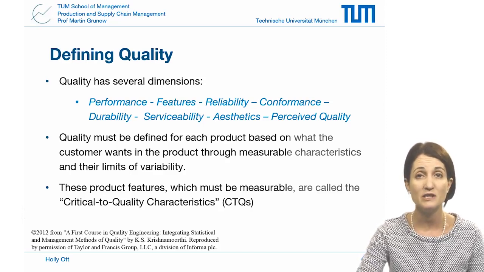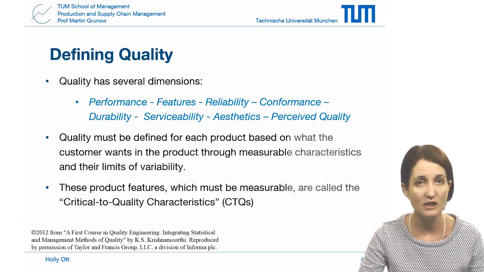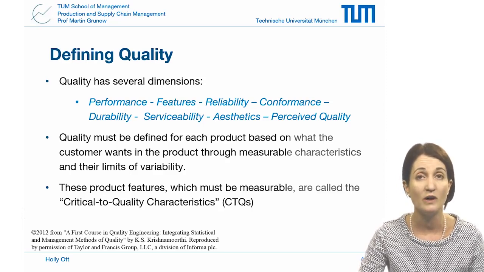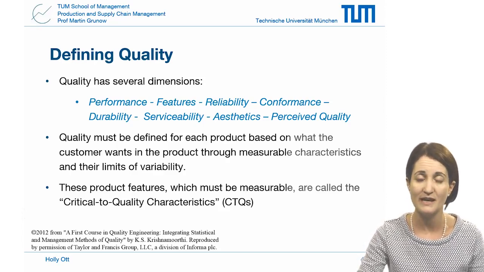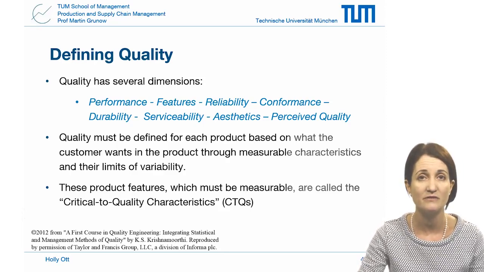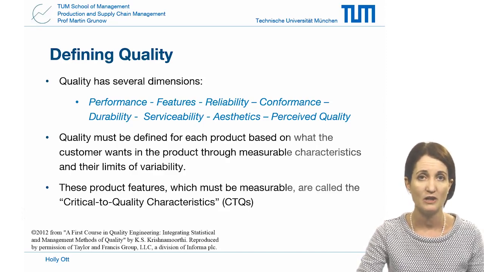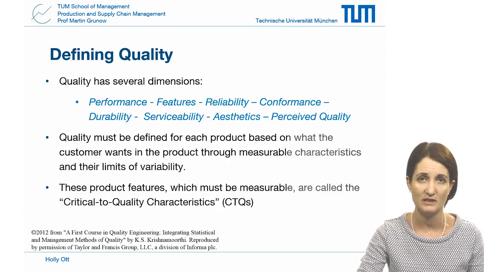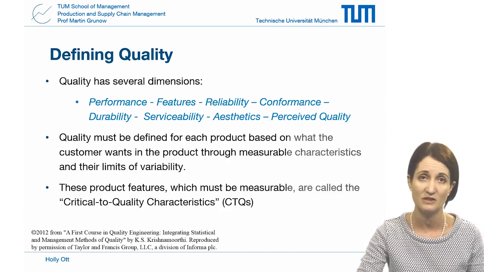So quality must be defined for each product based on the particular customer needs, what they want in the product, and this is part of our course, this has to be done through measurable characteristics and their limits of variability. For a complete definition of product quality, we need to stress the importance of identifying the needs and expectations of a customer.